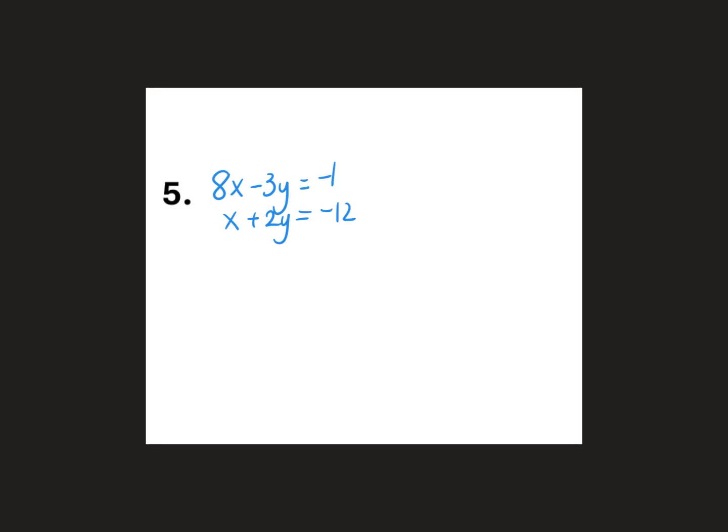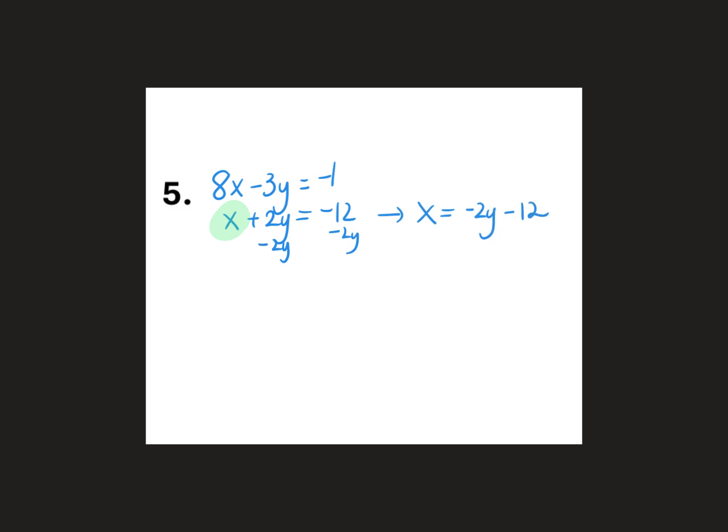And on this one, I do have a variable that does not have a coefficient. So I am going to solve for that variable, which means I'm going to get x alone. I'm going to subtract 2y. X is going to equal negative 2y minus 12.